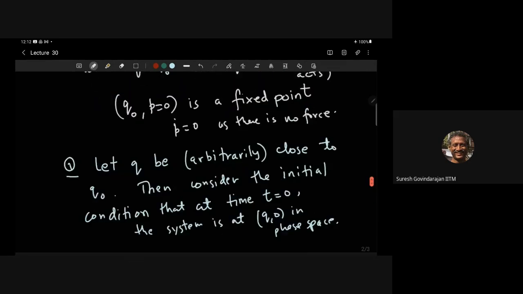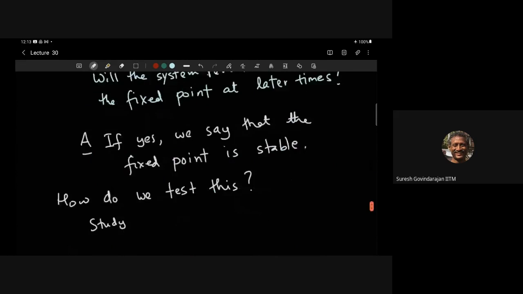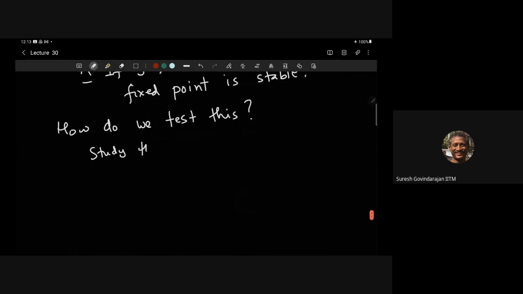We saw that the equation of motion is very simple, it is just this m q double dot. So the question is, what is the force? If you go back to your high school language, is the force restoring or not? That's all we want to ask. So study the behavior of V of Q near Q naught.